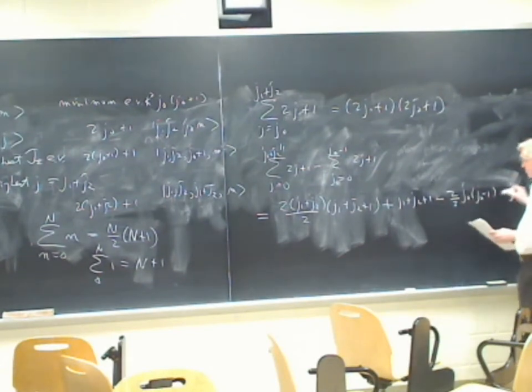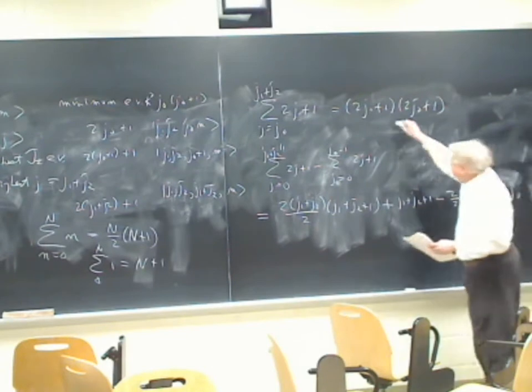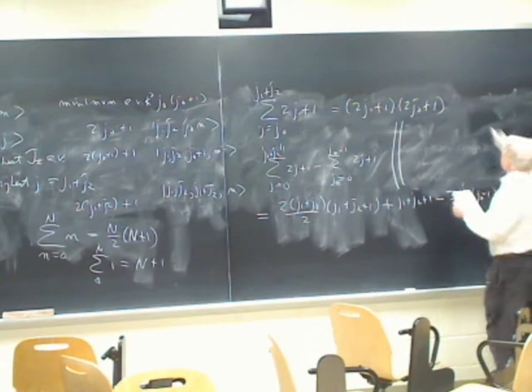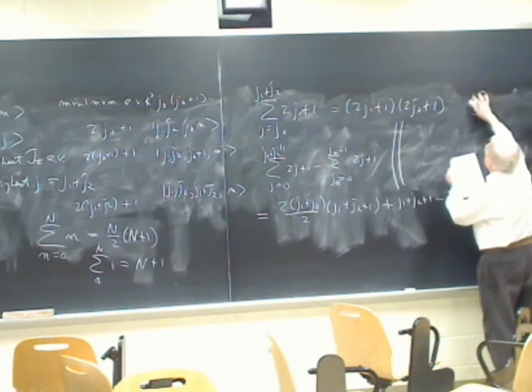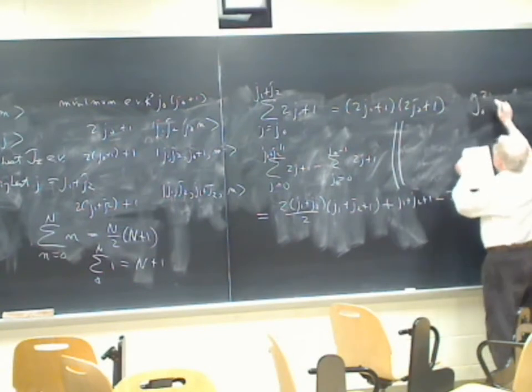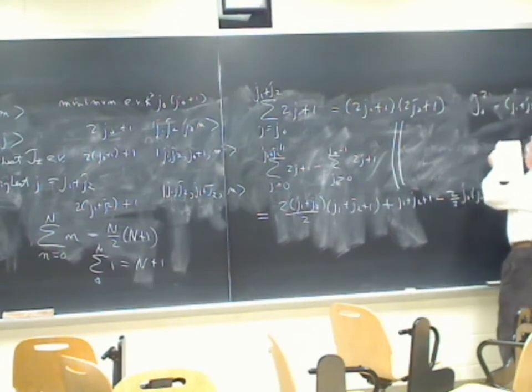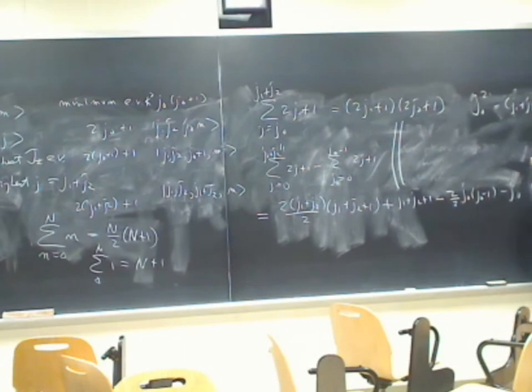So our equation is this equals that. And the solution then is that J0 squared is equal to (J1 plus J2)(J1 plus J2 plus 1) plus J1 plus J2 plus 1 minus (2J1 plus 1)(2J2 plus 1).